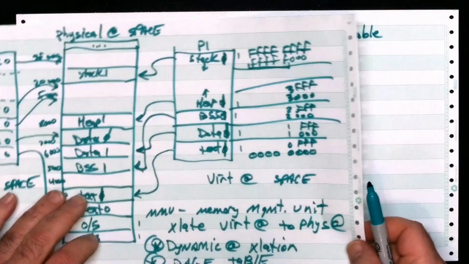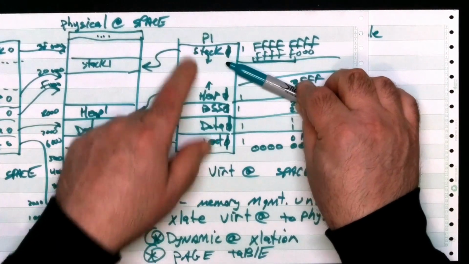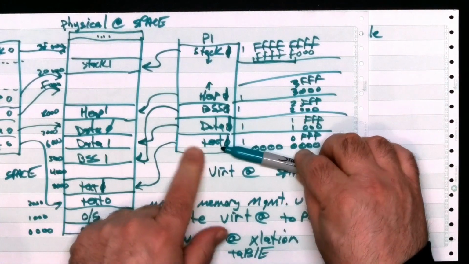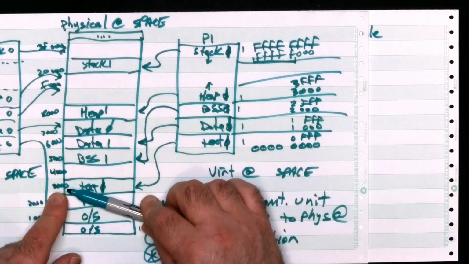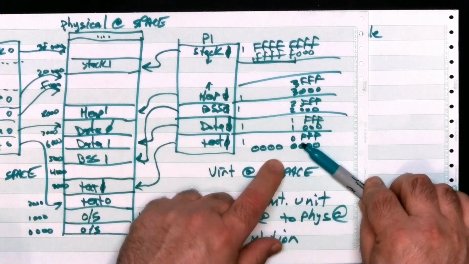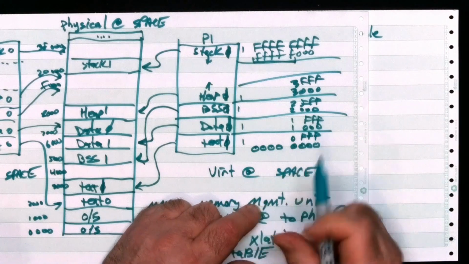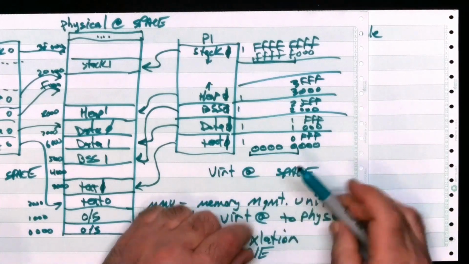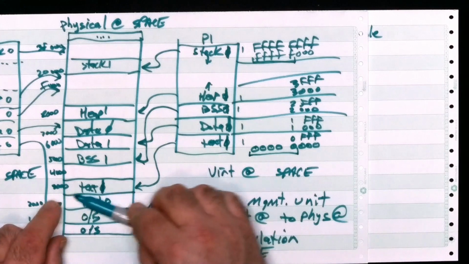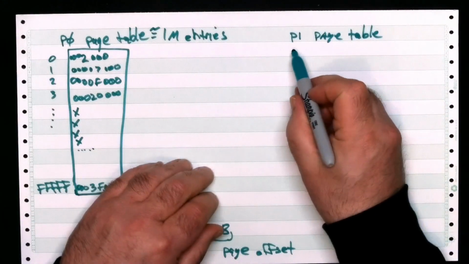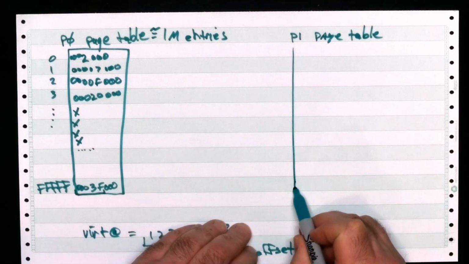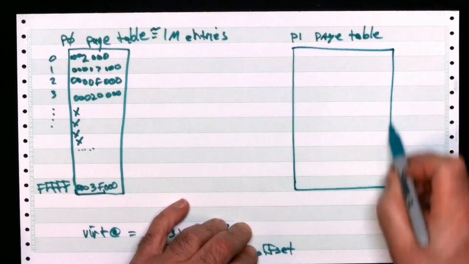So if we got process number 1, its text is at, what is that, 3000, okay? With its page number 0, is mapped to this address over here. So its table would look just like the other one, but they would all map differently, right?